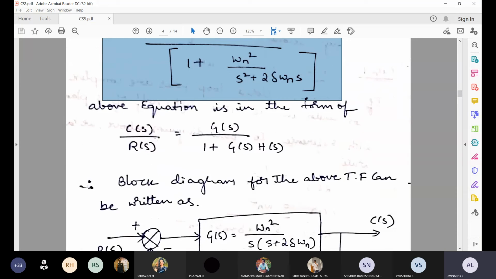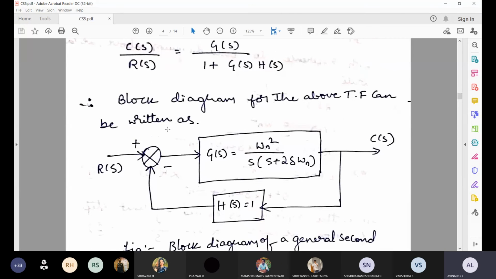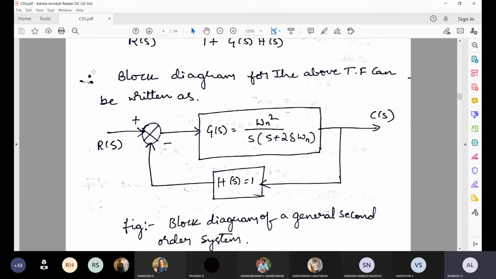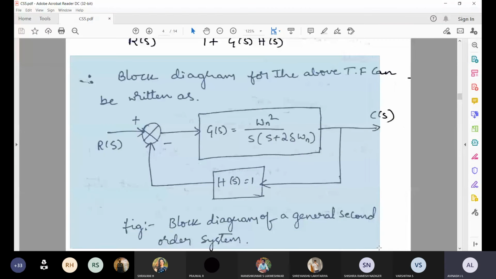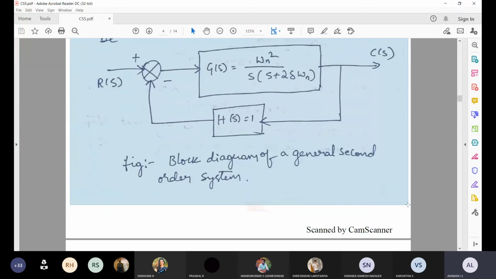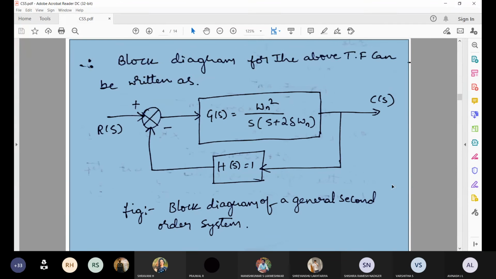Okay. So now the block diagram representation can be written like this, right down. Block diagram for the above transfer function can be written as this.